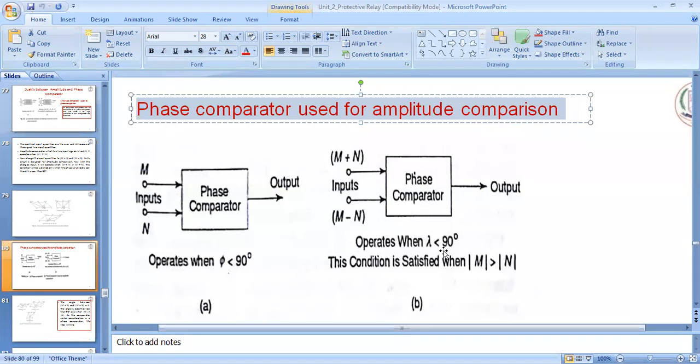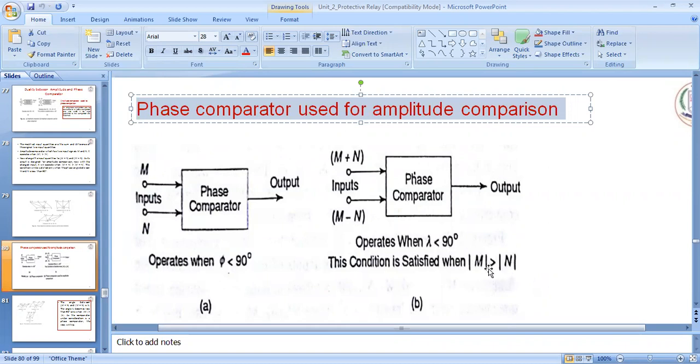So in this case, for these two inputs, the angle will be lesser than 90. When it is operating, the angle should be lesser than 90. Phase comparator, angle only. But this angle shows indirectly that my M quantity is greater than N quantity.